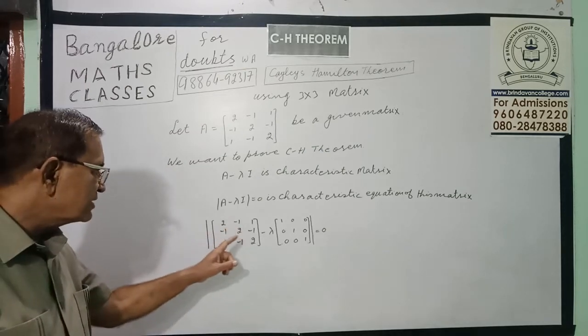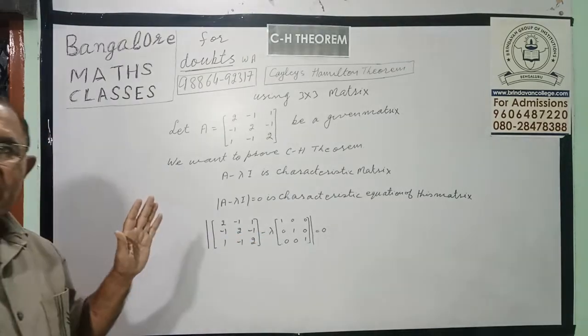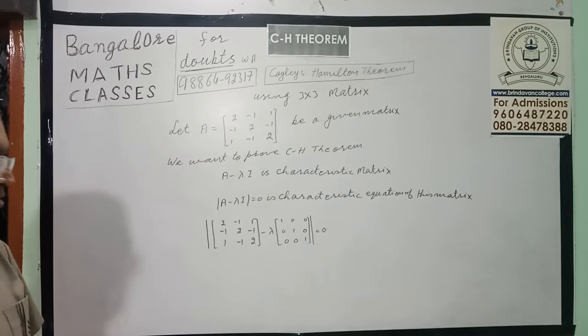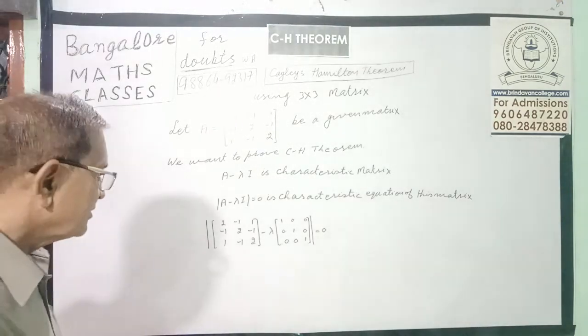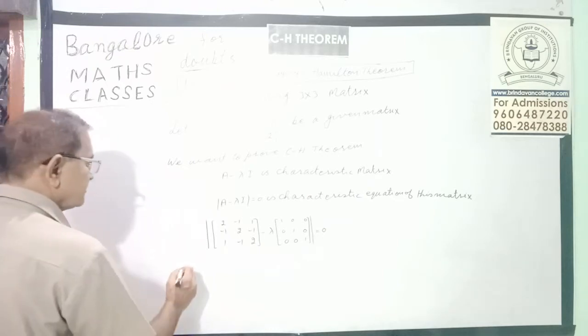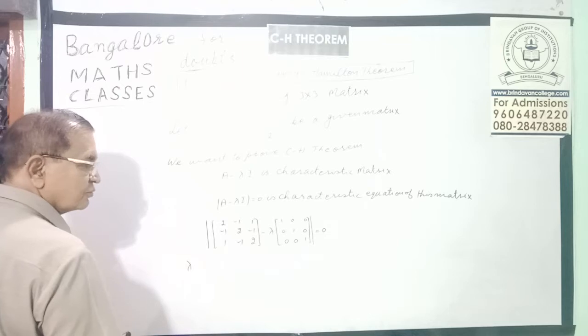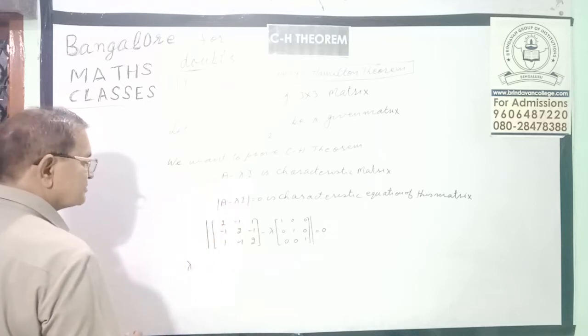Now you have to solve it, multiplying by lambda and then subtracting. I am going to teach you a very simple way. Learn this line, and you will get it properly. What is that concept? Lambda, which is a characteristic root. We call lambda a characteristic root of this matrix.